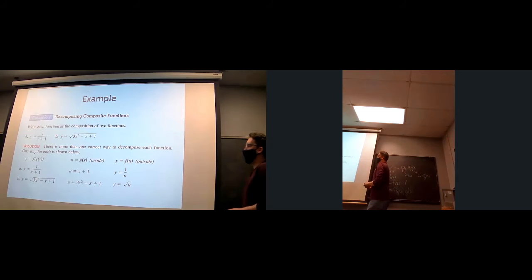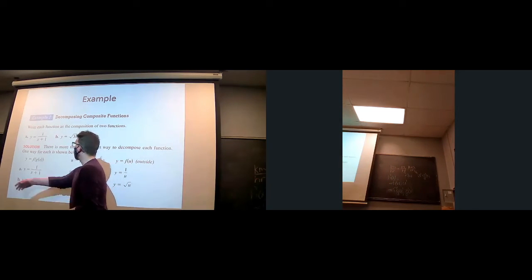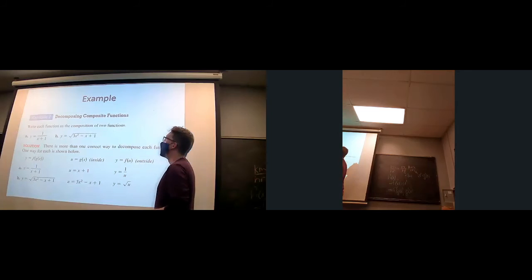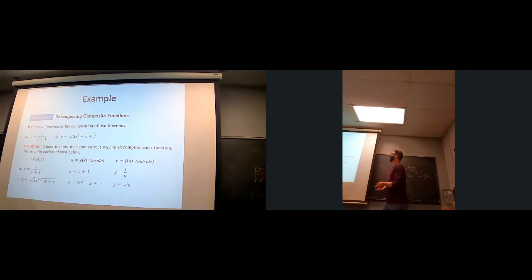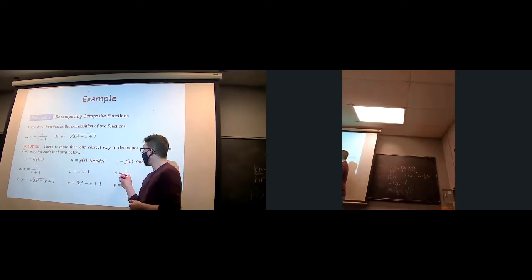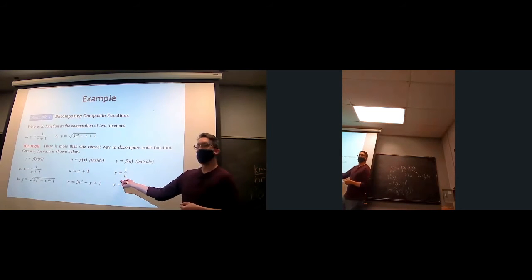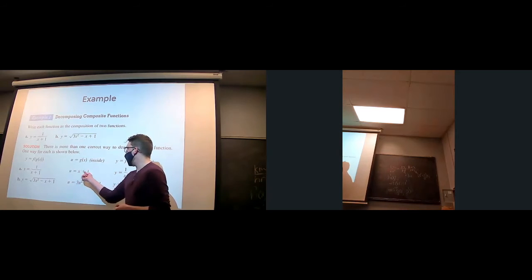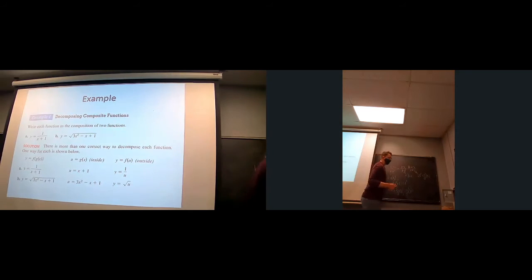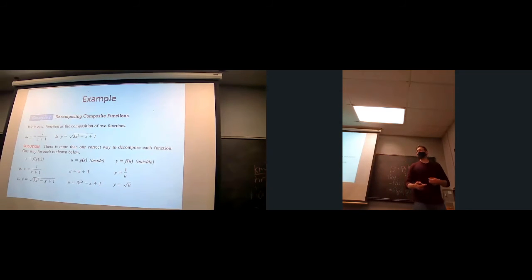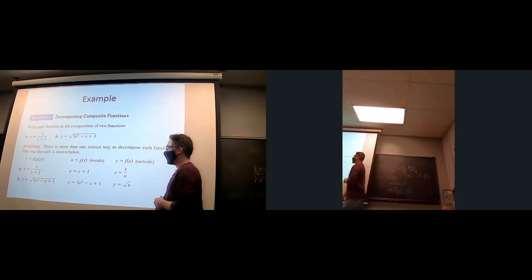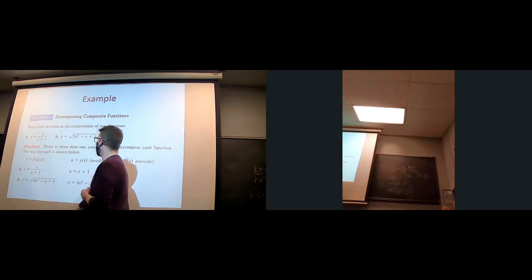All right, so starting off looking at A, we've got 1 over x plus 1. Well, we could think of f as 1 over u, and we could think of u as x plus 1. And going about it this way, we can apply the chain rule to solve the derivative of this quotient.